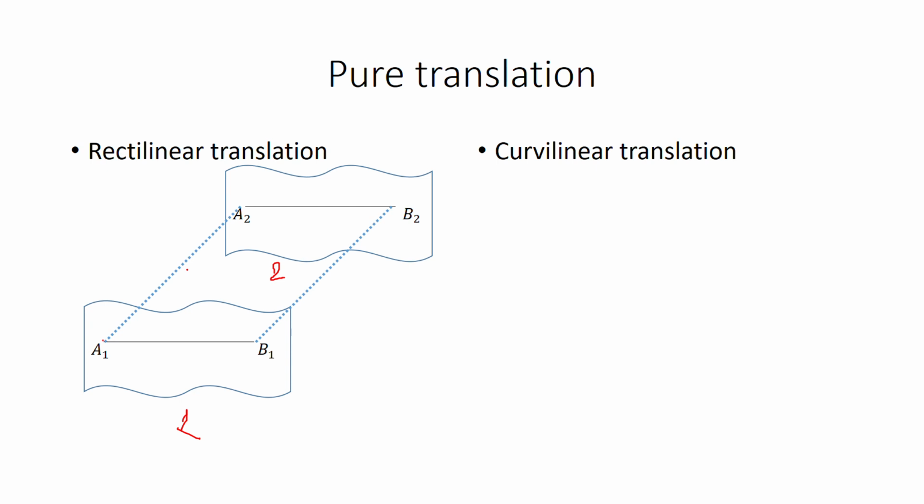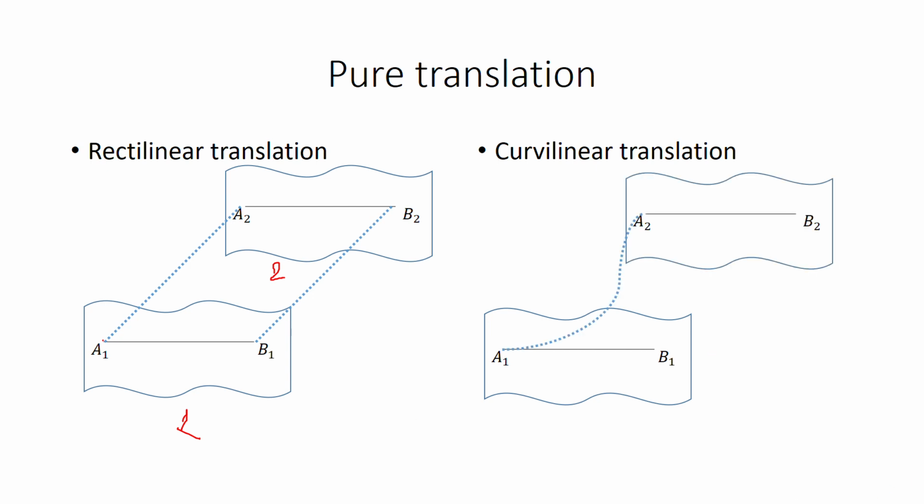Similarly, for curvilinear translation, suppose the initial position of the body is 1 and it changes its position to 2. So in position 1 here and in position 2, again notice that the line A1 B1 and this A2 B2 are parallel to each other, and the path traced by A is a curve.